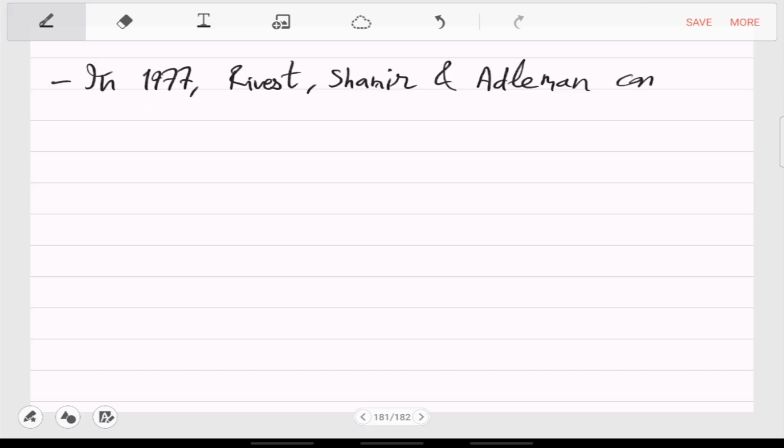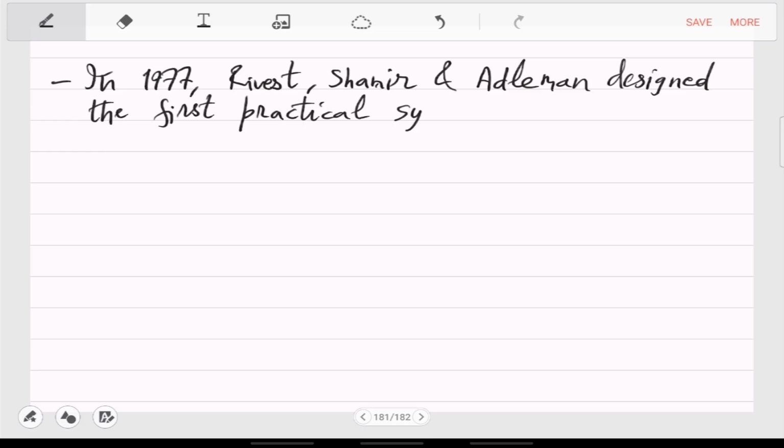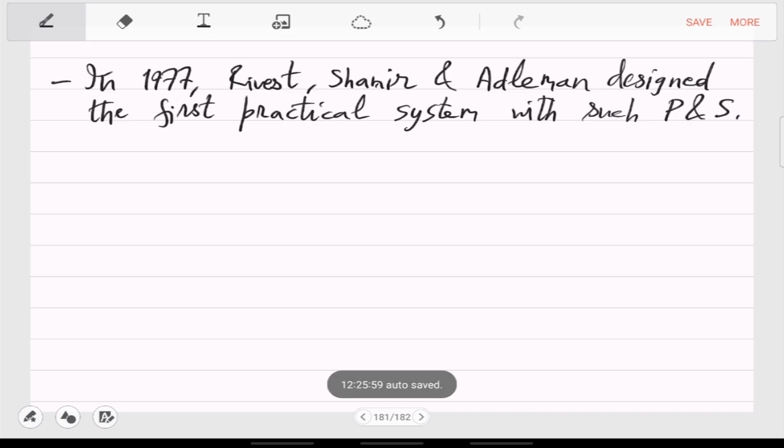So they constructed or designed such P and S, such that P will help everybody to encode, but will not tell anything about S, and obviously will not tell anything about the message, the plain text.